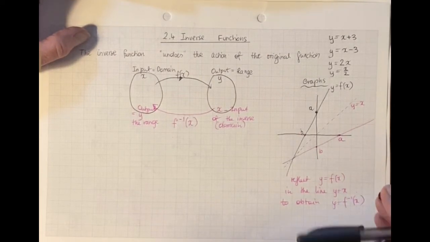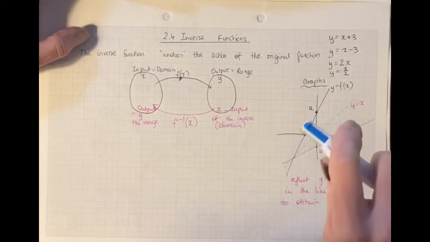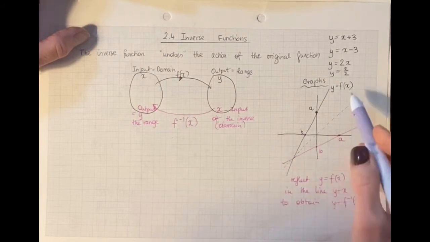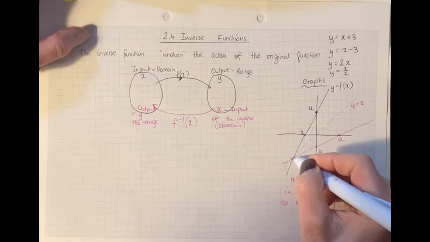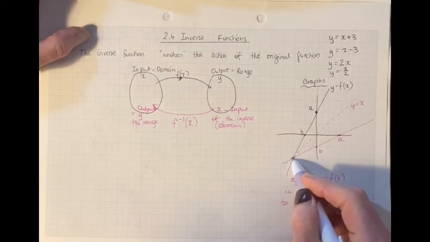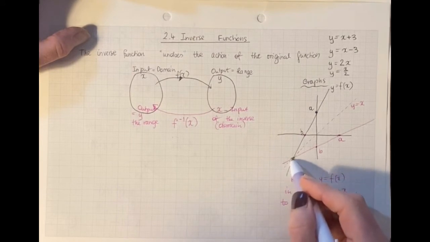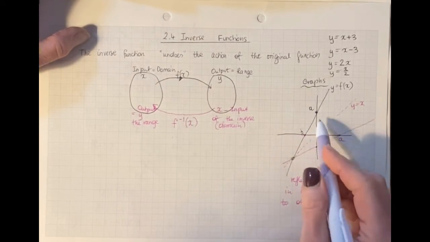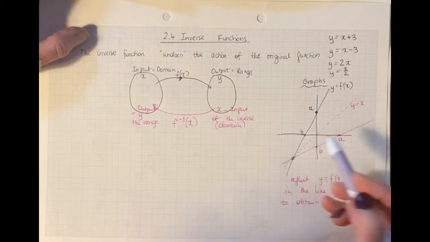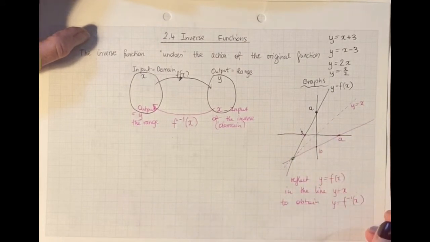What's really important to note is that if your graph has any points common with the line y equals x, like over here, that means this point will actually be common to both the inverse and the original graphs, and obviously the line y equals x.